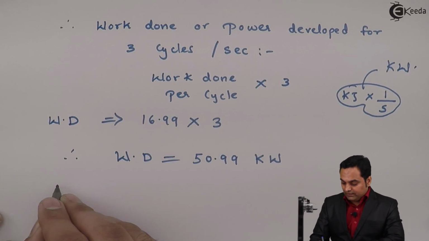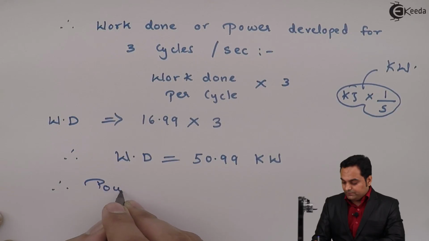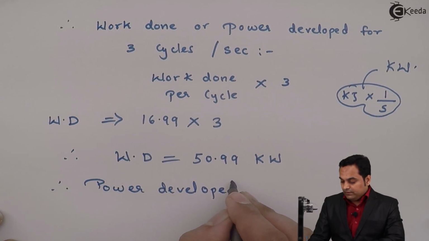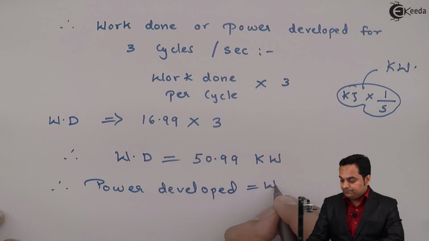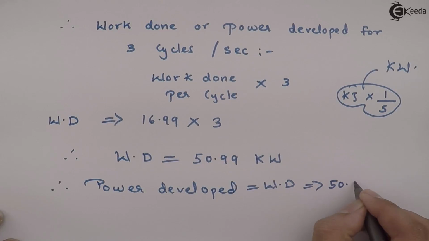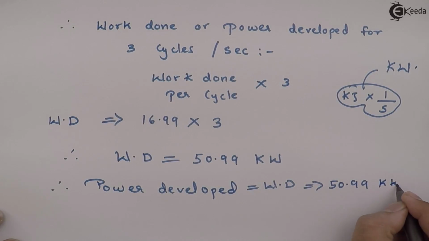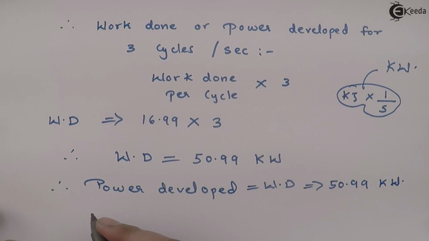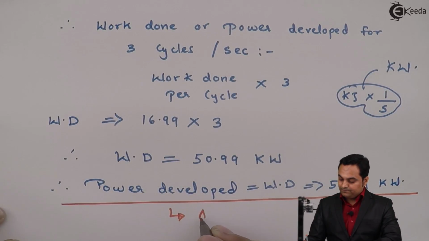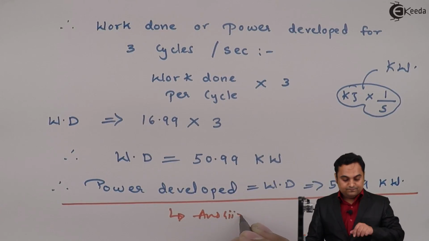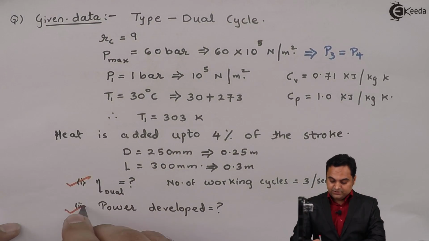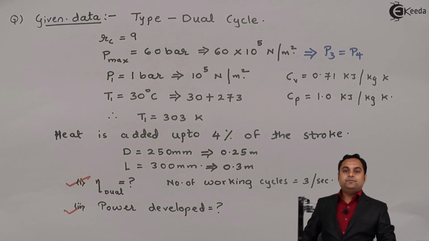So power developed is the same as the work done, and the value is 50.99 kilowatts. This is our second answer, and with both the questions answered, we can say that the problem has been completed.